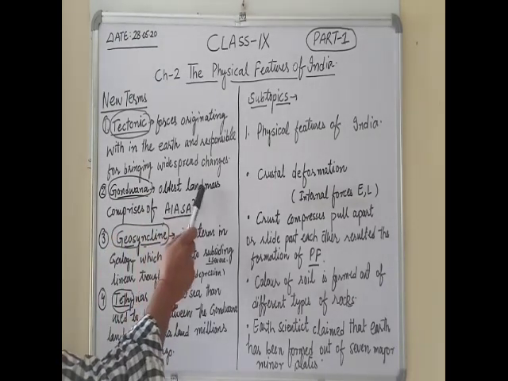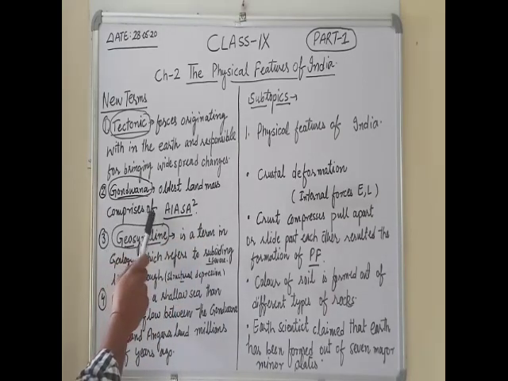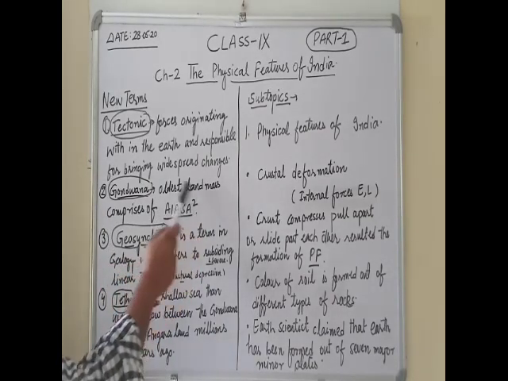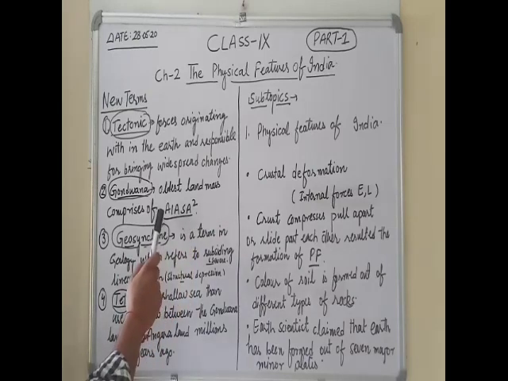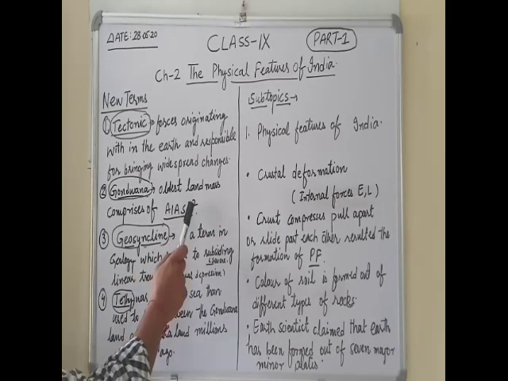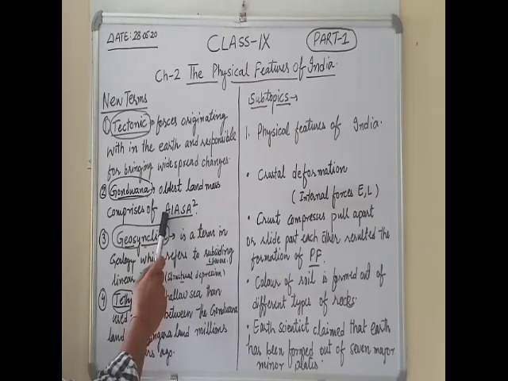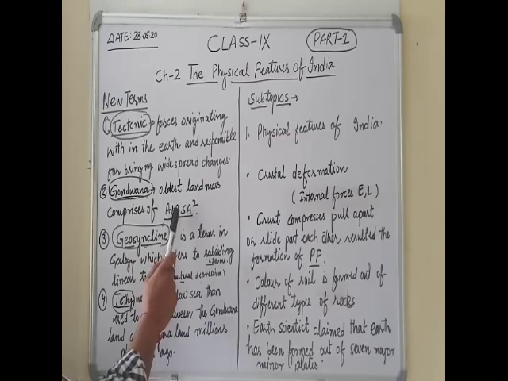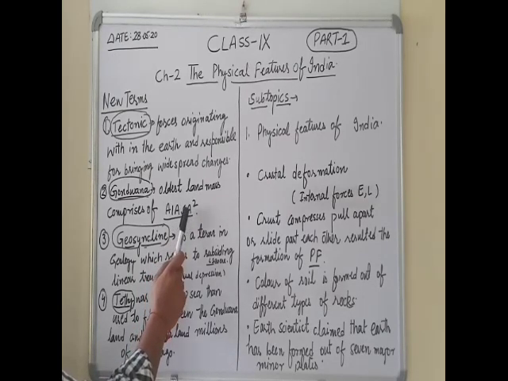Gondwana is the oldest landmass. Here I have made a short form for you, that is AIA SA squared. A stands for Australia, I stands for India, A stands for Antarctica, and SA means South Africa and South America.